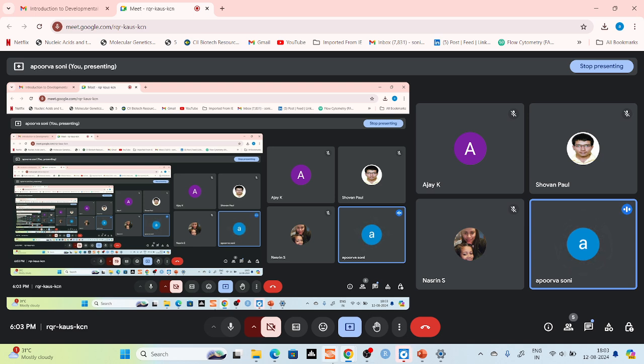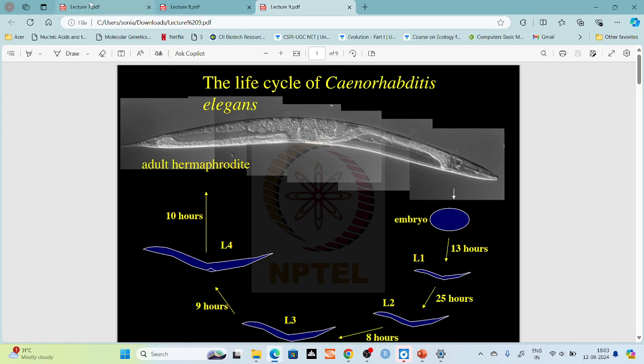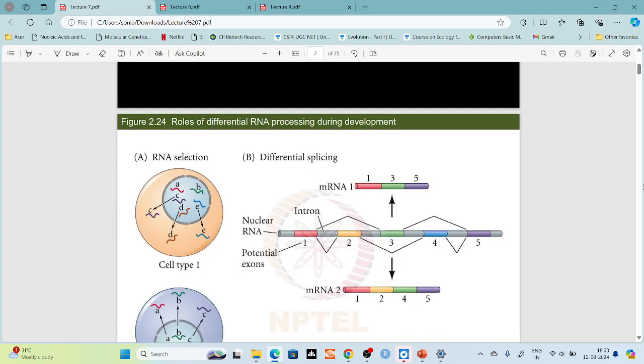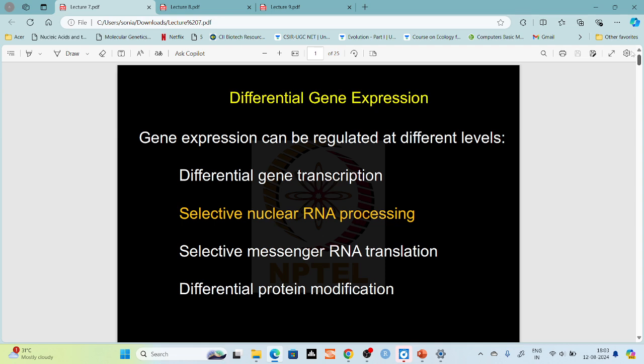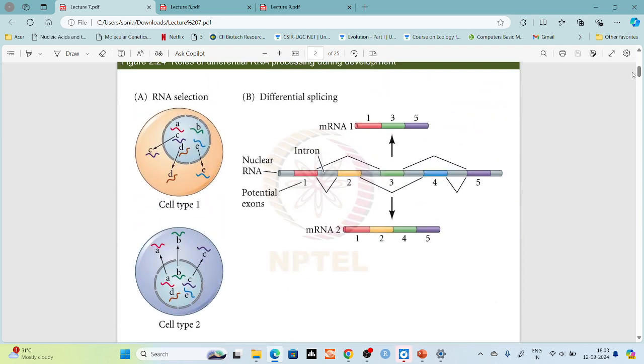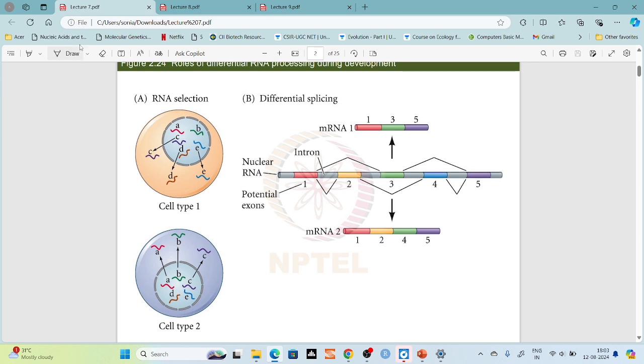So you can see this is your differential splicing, or alternative splicing. In alternative splicing, this is the mRNA. The gray ones are the introns, and the colored ones are the exons. Introns are the non-coding regions, and exons are the coding regions.